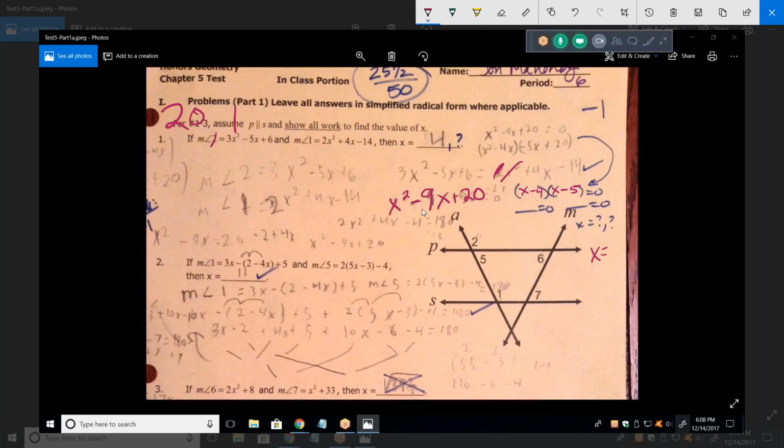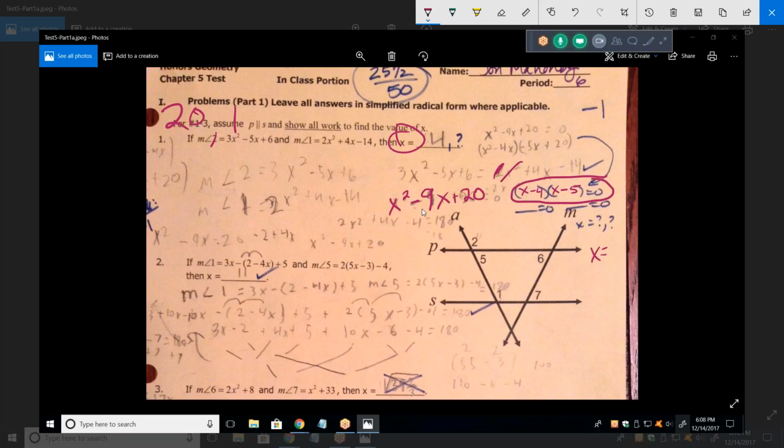So x is equal to what? In other words, we have to solve that equation at this point. We're trying to solve for x. You have to do x minus 4 equals 0 and x minus 5 equals 0.